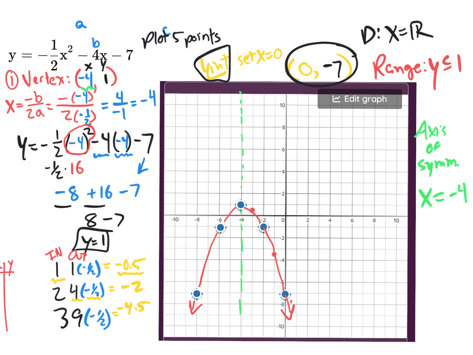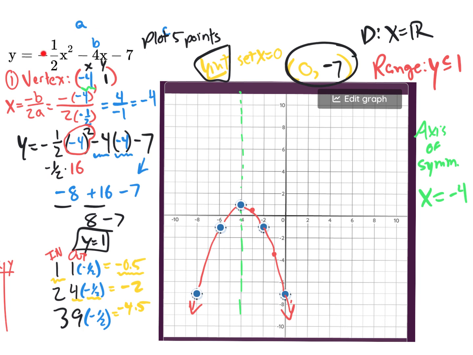You know what, I want to go back to range, because it was really easy to see that it exists here at the y value of 1 and below. But there will be some questions where you don't have the graph. I just give you the original equation and I ask you for the range. Well, again, find the vertex. And remember, the vertex is either the highest or lowest point.